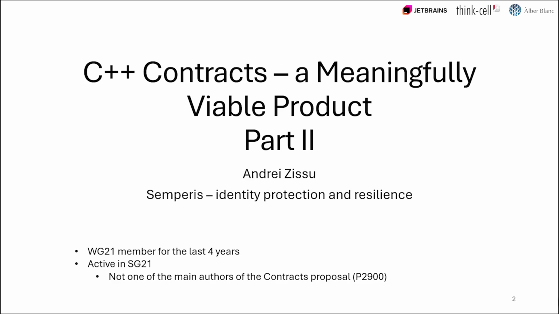I've been a member of the standard committee for the last 4 years and counting. And I've been particularly active in SG21, although I'm not one of the main authors of the contract proposal, but I've been there.